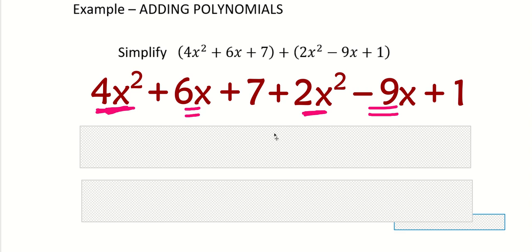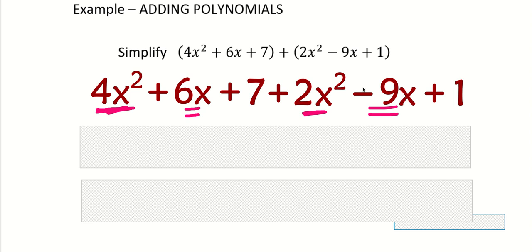What you need to realize here is that this is a 9x and we're subtracting 9x. But you can think of it as adding a negative 9x. So in a way, we're technically adding everything together, but this happens to be a negative 9x.